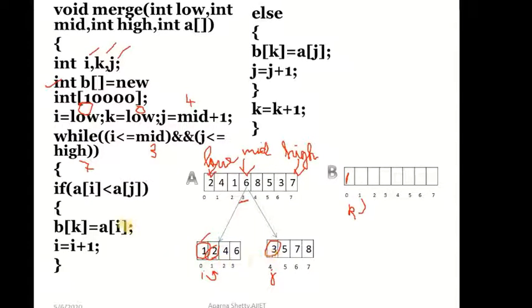Yes. Now again B of k will be equal to A of I. So B of k, that is B of 1, will be 2, since A of 1 is equal to 2. Next, I becomes I plus 1.